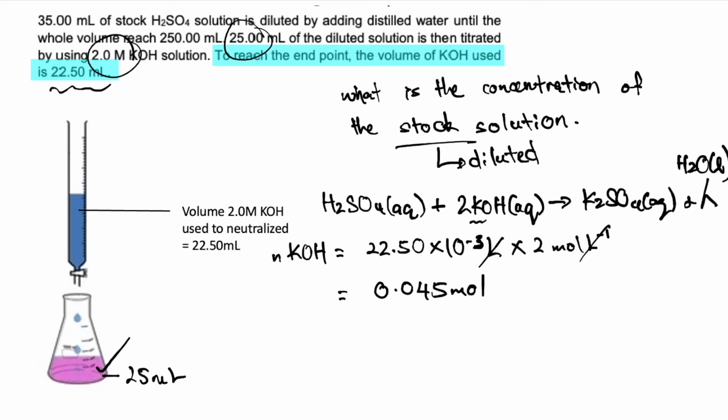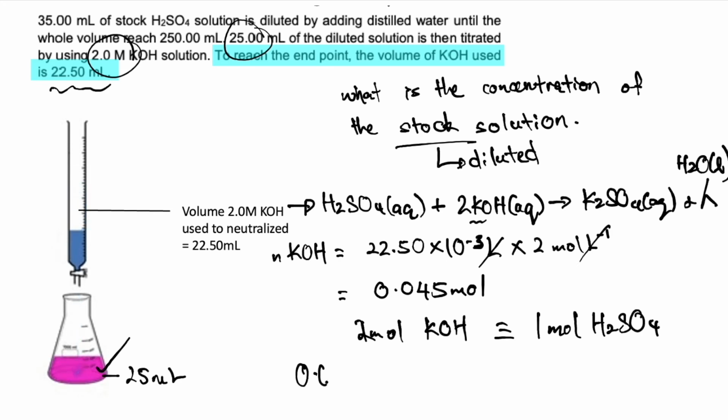Okay, so from the equation here, you can see that 2 mole KOH react with 1 mole H2SO4. Therefore, 0.045 mole KOH is actually reacting with, so you have to divide by 2, reacting with 0.0225 mole.